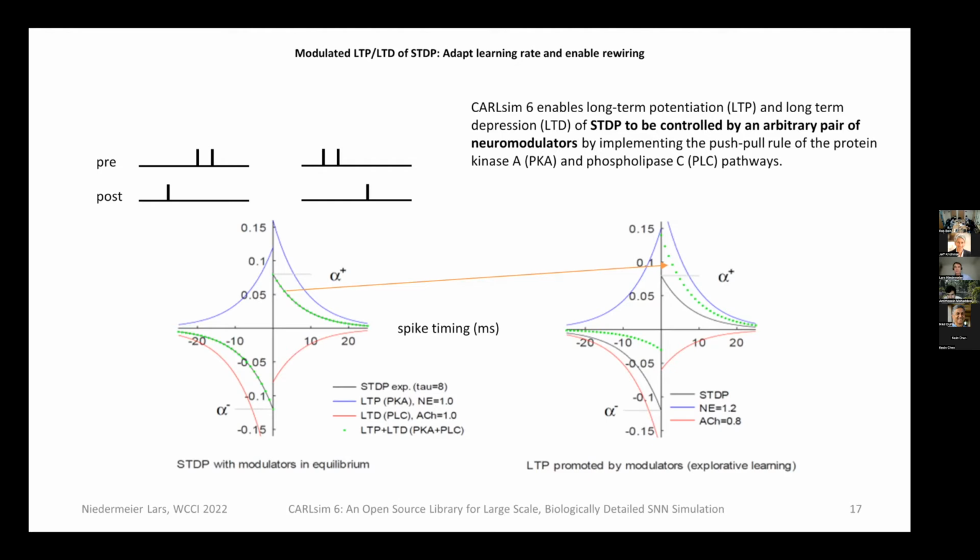Okay, yeah, this was a question about this push-pull rule. It has been observed that there is this protein kinase A and phospholipase C, and this actually alters the STDP curves.